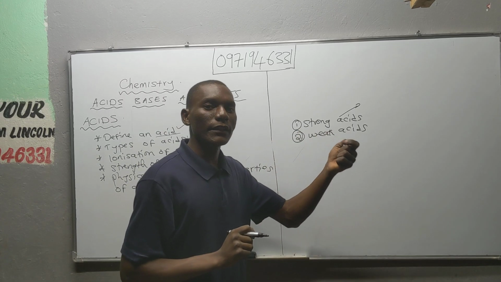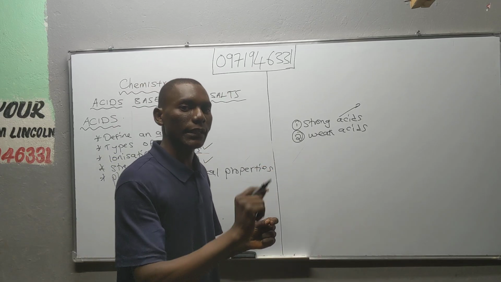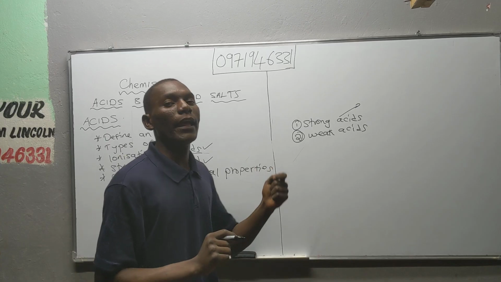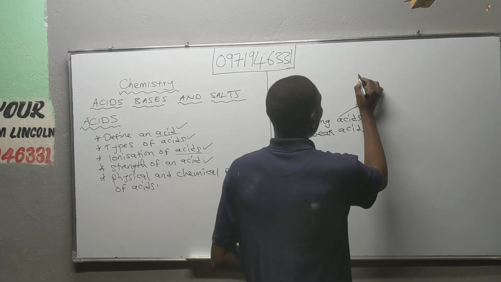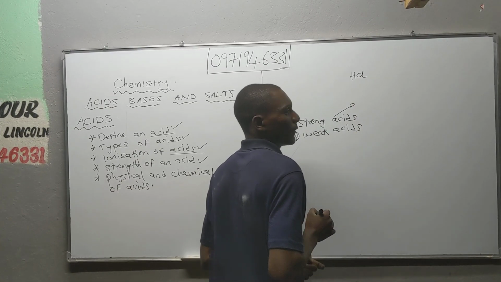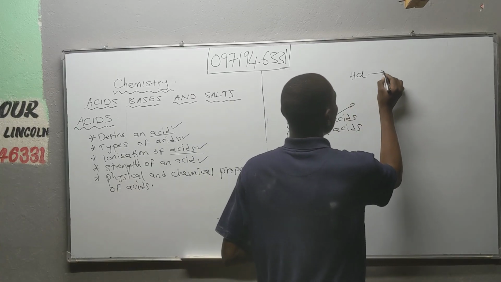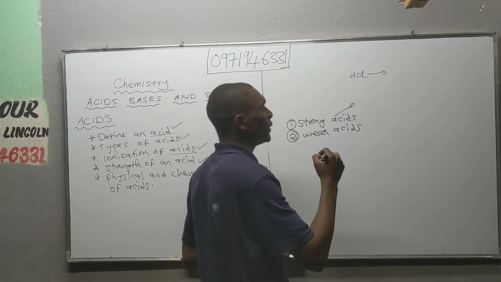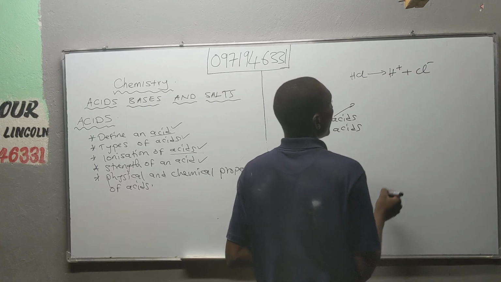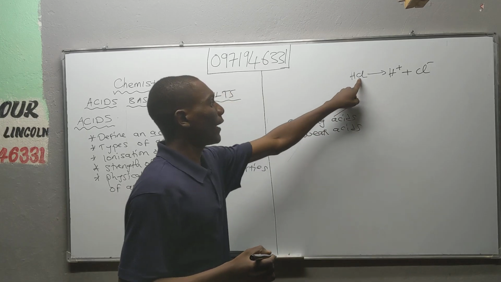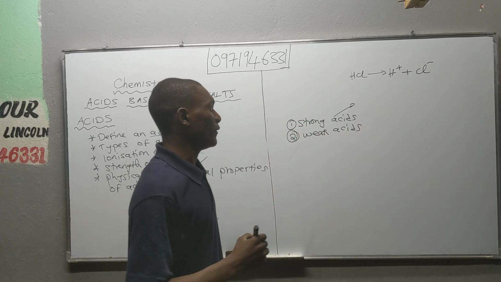When an acid is dissolved in water and it ionizes completely, that acid is a strong acid. For example, we have hydrochloric acid. If hydrochloric acid is dissolved in water, it ionizes completely. It will form hydrogen ion plus chloride ion. So hydrochloric acid is an example of a strong acid.